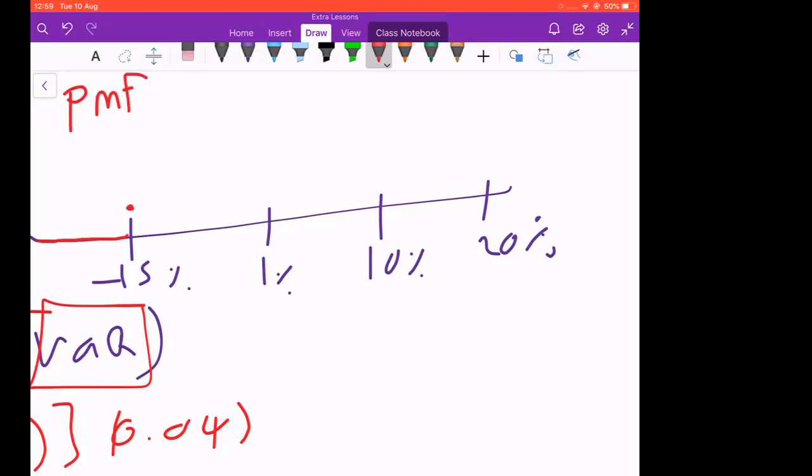So this is how you can show the answers. I was about to draw a discrete one. So this one is at 20%. This one is at 60%. This one, 18%. This one, 4%.